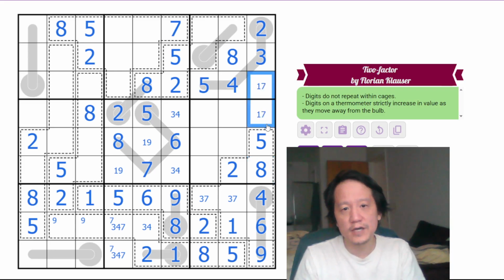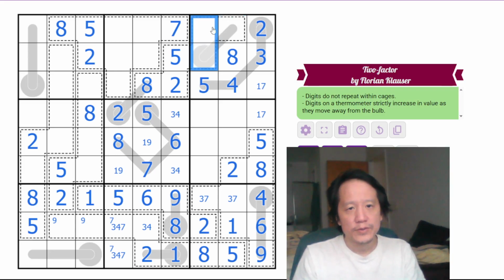We have 1 and 7 in column 9 left. These digits cannot be 2, 3, 4, 5, or 8. So we have 1, 6, 7, 9. 7 cannot be either of these. 1 can never be here. This can never be 9. So 9 has to be one of these two.